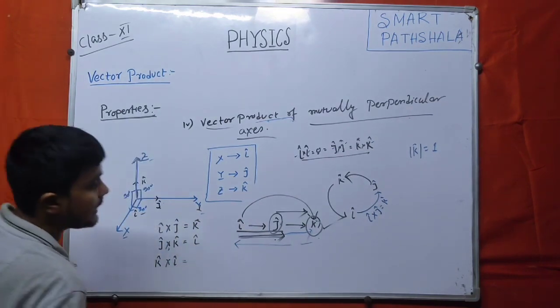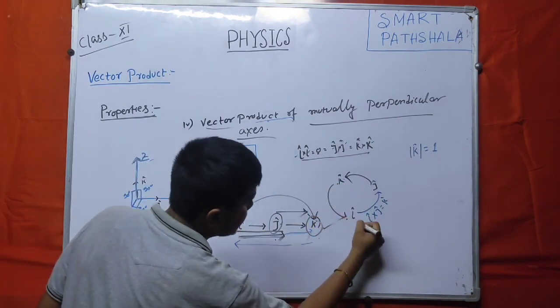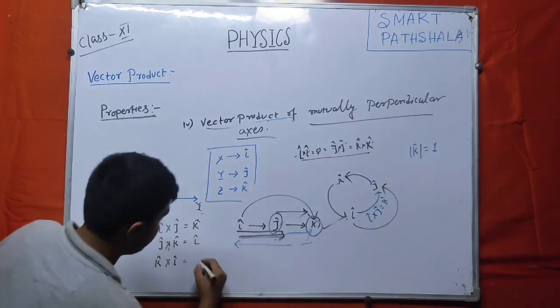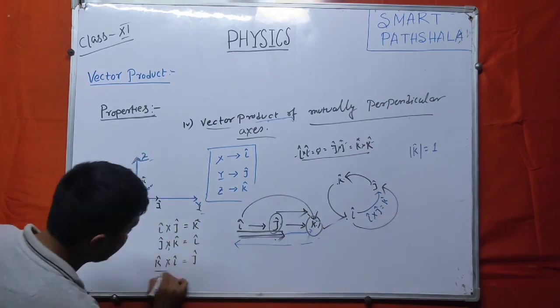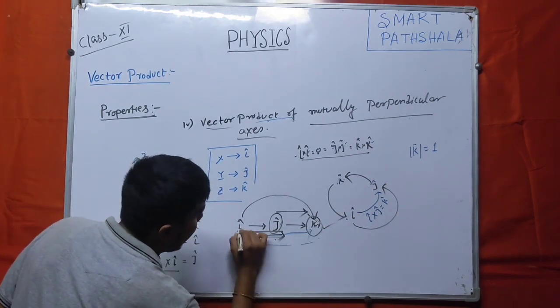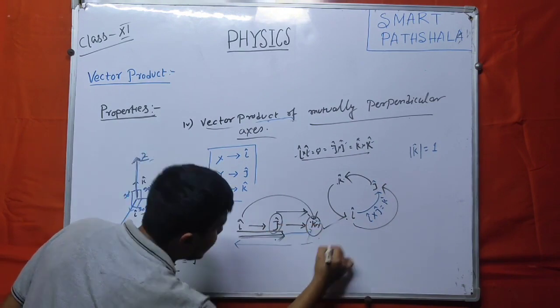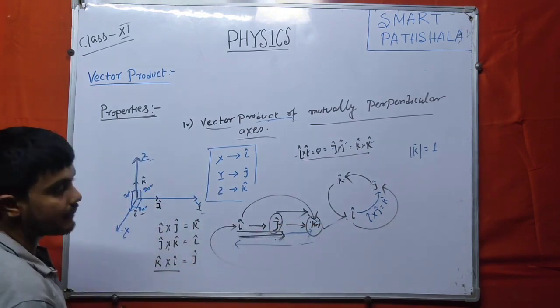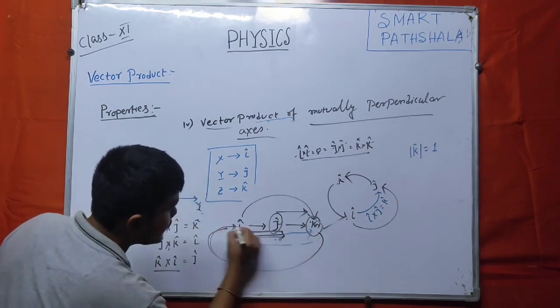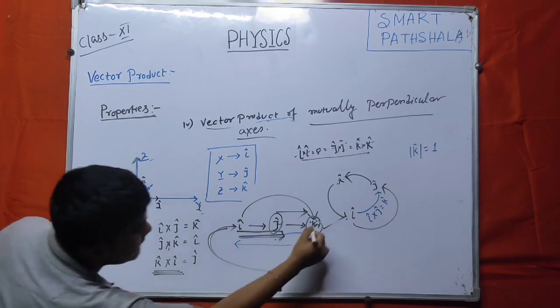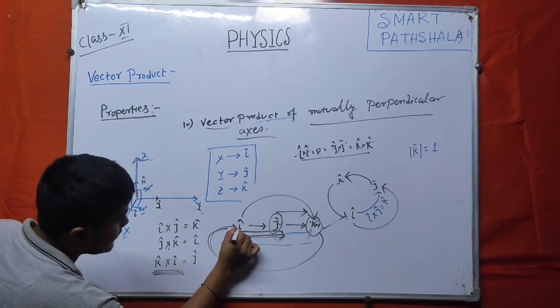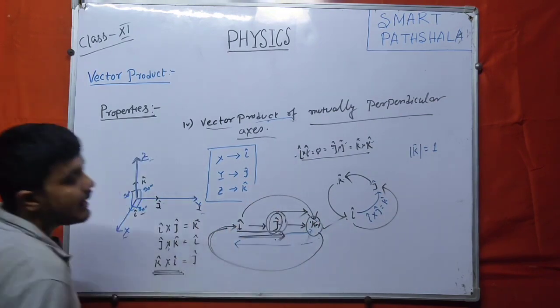K cap cross i cap is equal to j cap. Here the direction is, you see, i to j to k, then we again return to i cap. So we have taken k cap cross i cap, and it will give us j cap.